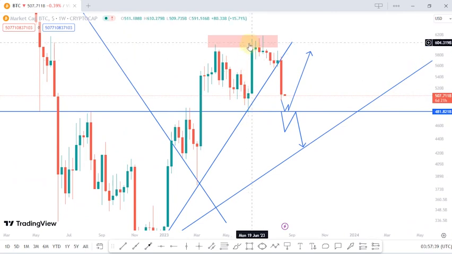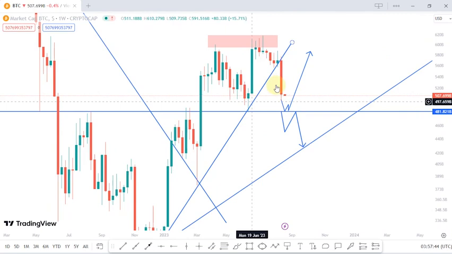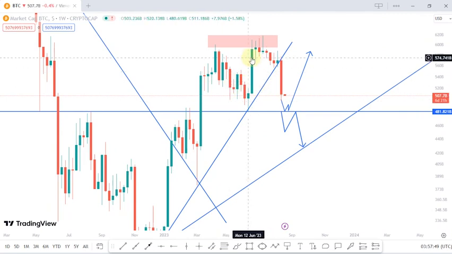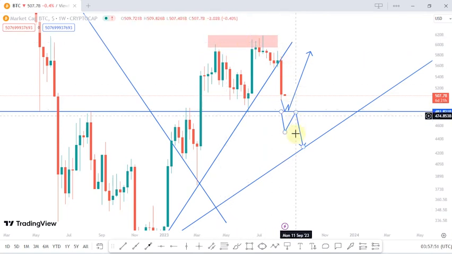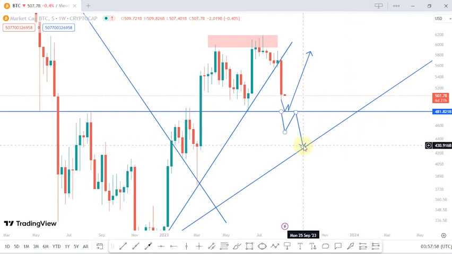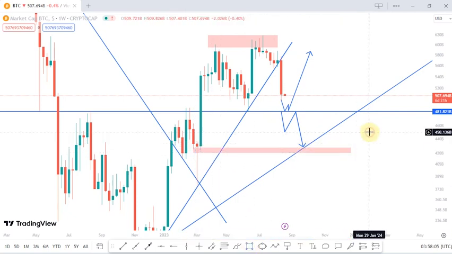So I'm going to be analyzing this crypto in full, and I'm seeing the reason why this could get down to this level. Because of that, you could see crypto coming down to this level. Double tops and double bottoms are very powerful reversal patterns.